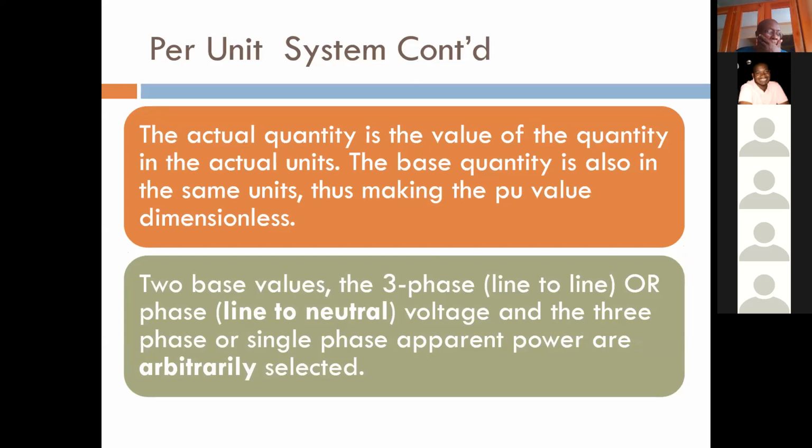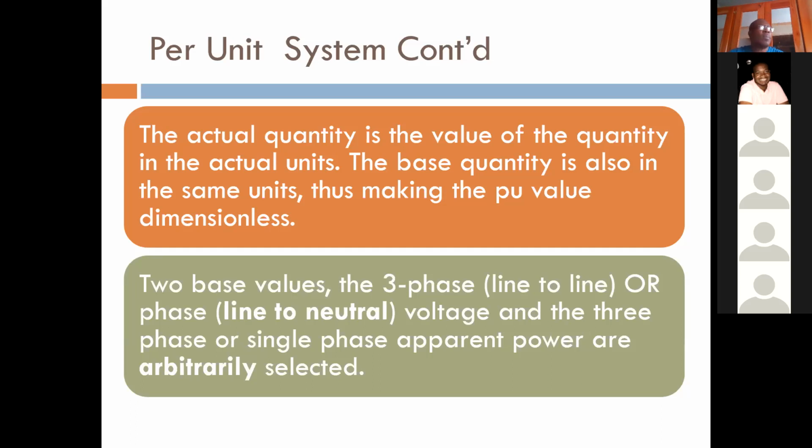And of course, we mentioned that your base values can either be the three-phase values, line to line in the case of the voltage, or we can use the line to neutral voltage. However, whichever one we use, we have to be consistent throughout our calculation. Generally speaking, we tend to stick with the three-phase value.